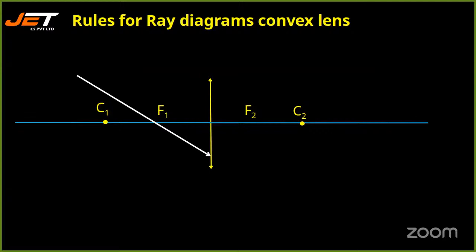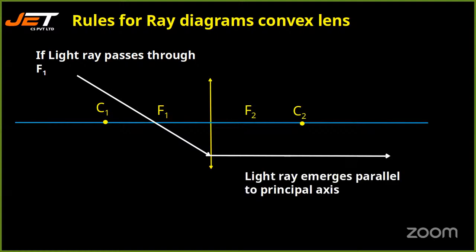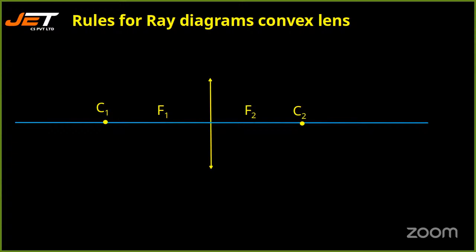Now, say a light ray is passing through the focus point F1, and once it is incident on the convex lens, it becomes parallel to the principal axis. We saw that if the incident ray is parallel to the principal axis, it refracts and passes through the focus point. But if the light ray passes through the focus point, when refracted by the convex lens, it will be parallel to the principal axis.